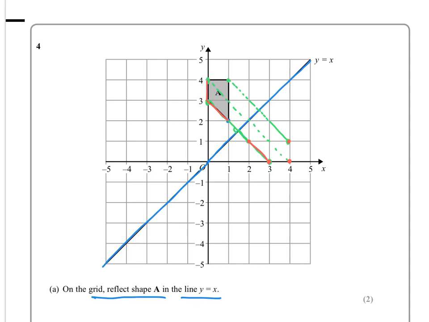This one here joins with this one. And then so on until we get all the way round again to here. So that's not easy for some people, but that's the reflection, and this will be the image here. Okay, so just shade that in and make sure it's clear on your diagram.